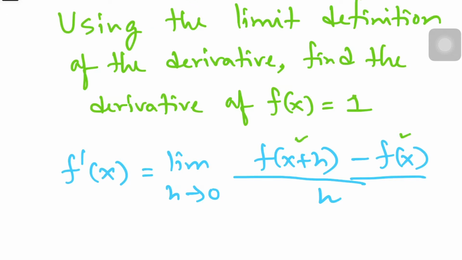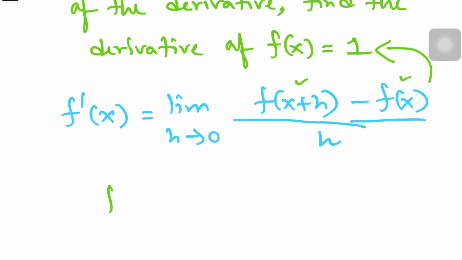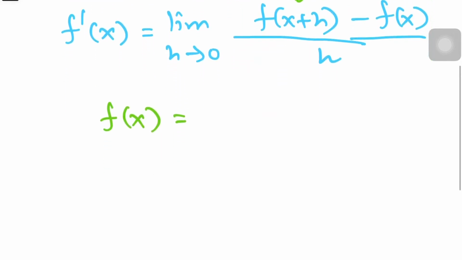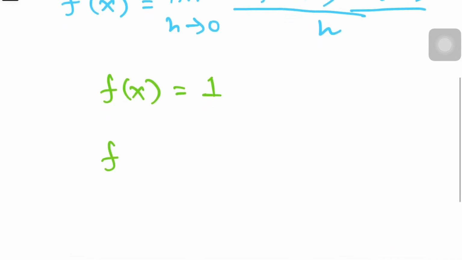So f of x is already given, that's equal to 1. We still need to find out what's the value of f of x plus h. So let's find that out. Our f of x is equal to 1. So for this function, what is going to be the value of f of x plus h? The best way to solve this problem is using a placeholder.